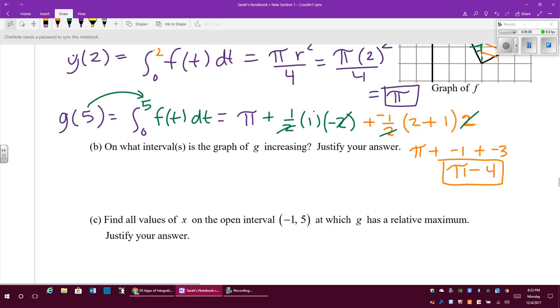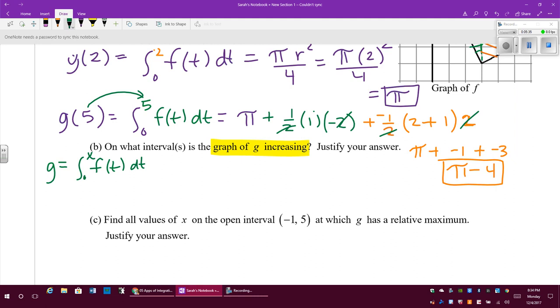What if I want to know where the graph of g is increasing? This is where it's really going to require you to make some connections about the function chart, okay? Now keep in mind, it's not asking about f, it's asking about g. So we know that g is the integral from 0 to x of f of t dt.